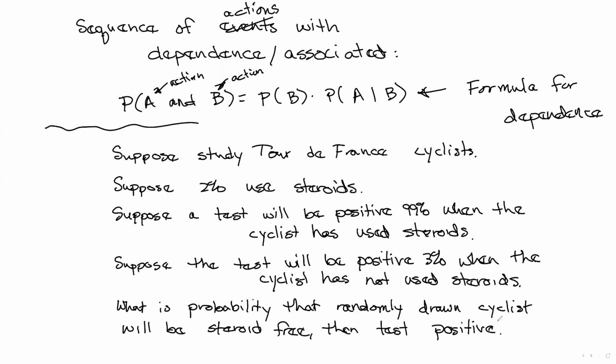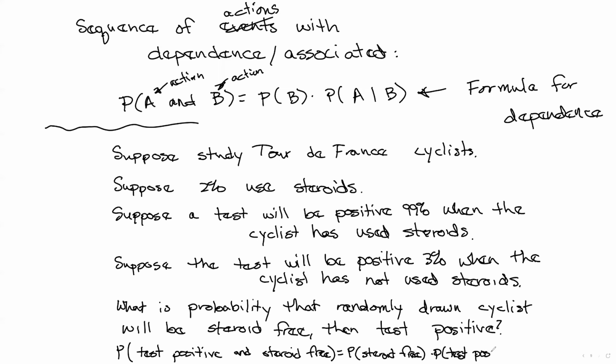So we want to use our formula, the probability of A and B. The probability they test positive and they're steroid free equals the probability they're steroid free times the probability they test positive, given that they're steroid free.